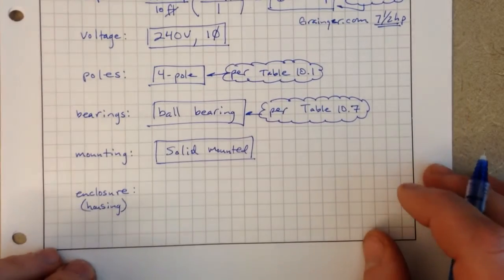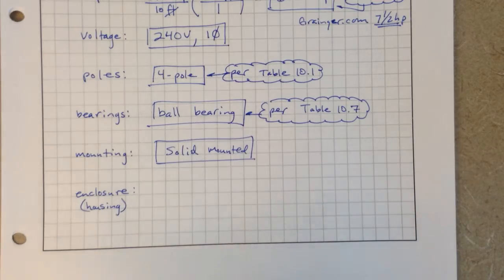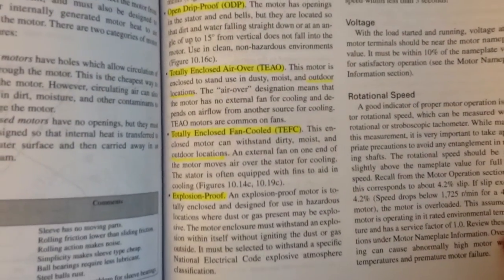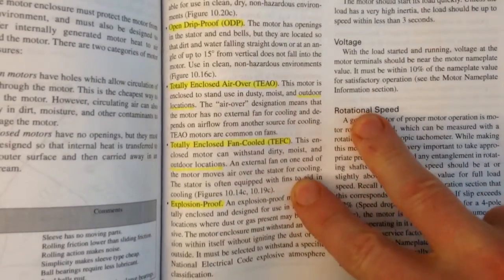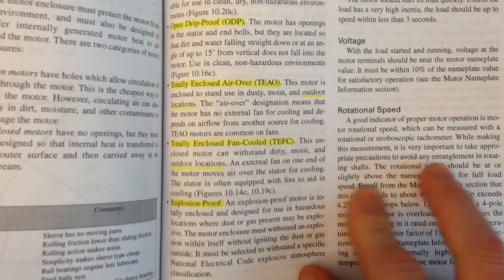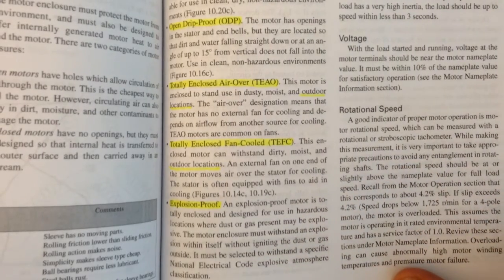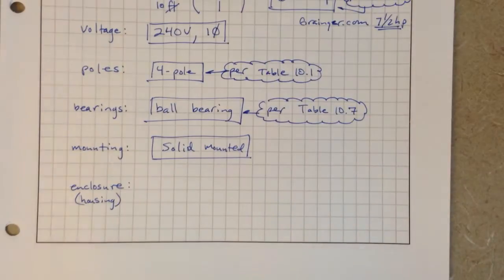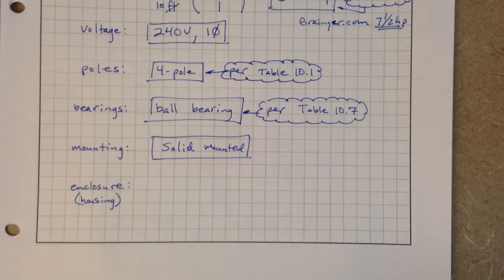If we look at enclosure type, we could look at page 151 in our book, and we could read through all the different types, or the very common types. There's more than this, but these are the most common. Looking at our environment, most likely it's going to be outdoors. So we're going to want a motor housing that's enclosed, possibly.